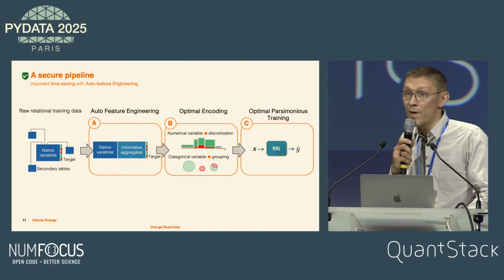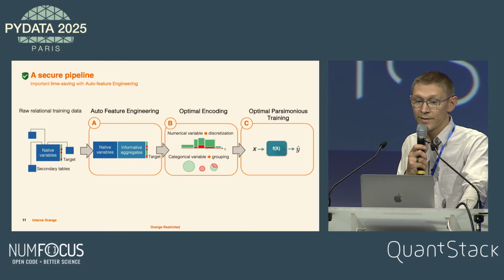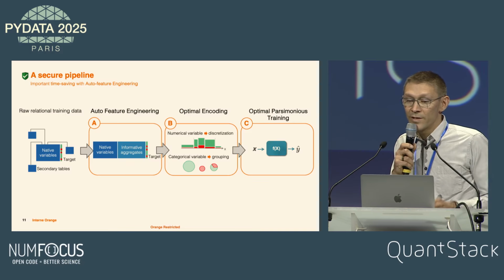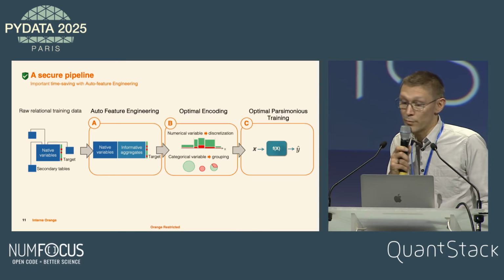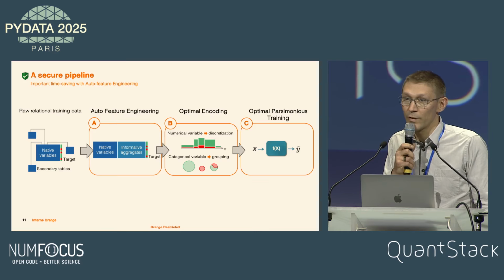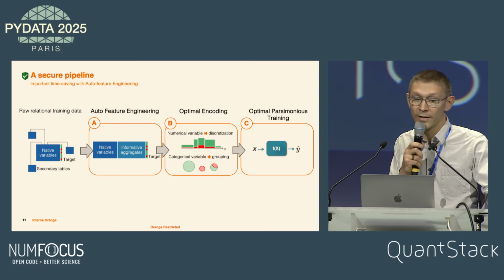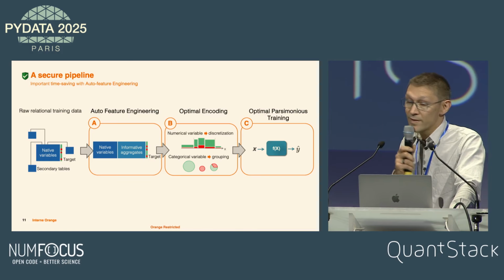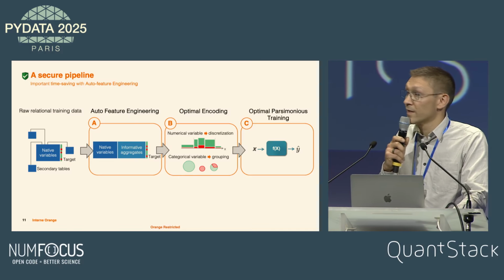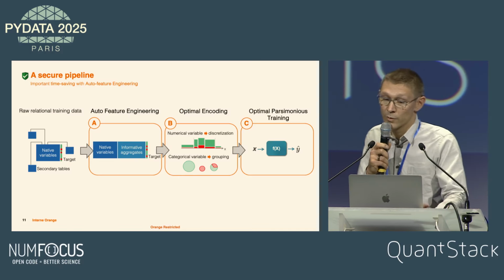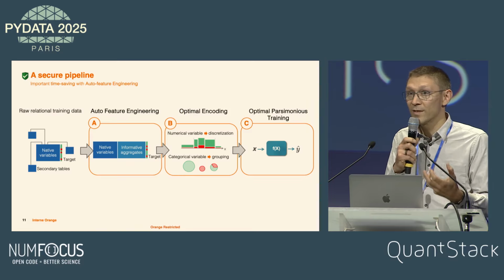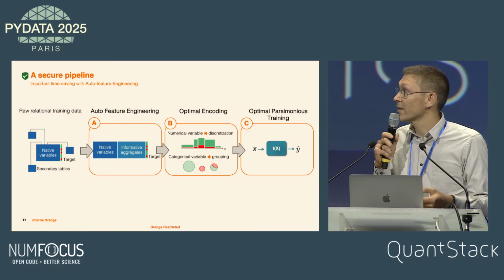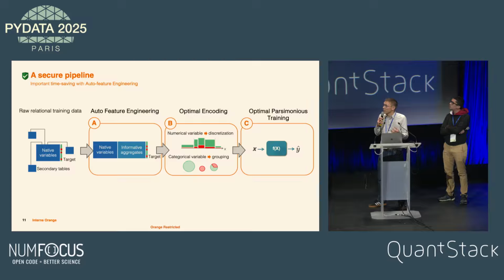So the supervised pipeline of KIOPS is as follows. The objective is to train a predictive model at the end, for instance, a classifier or a regression model, based on multi-table data. The first step consists in making automatically feature engineering. So the objective is to find informative aggregates which are computed from the secondary tables.